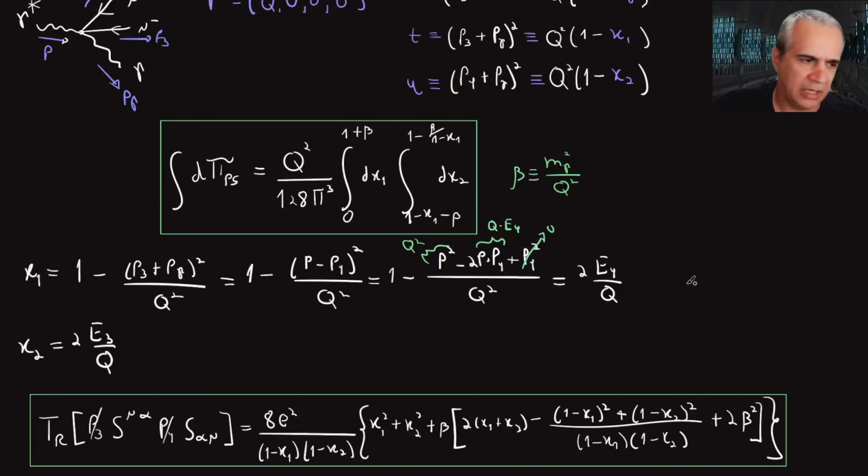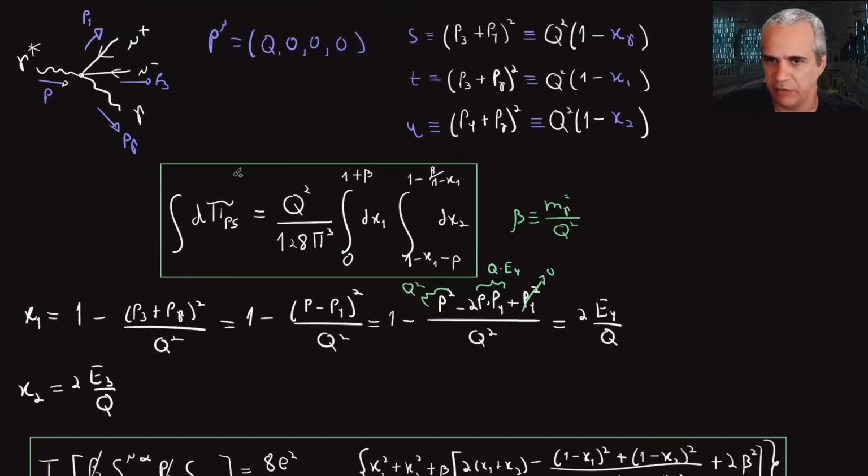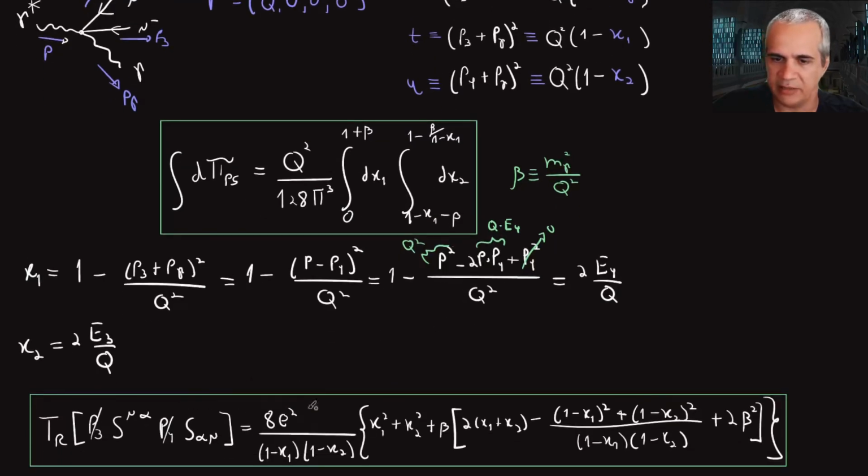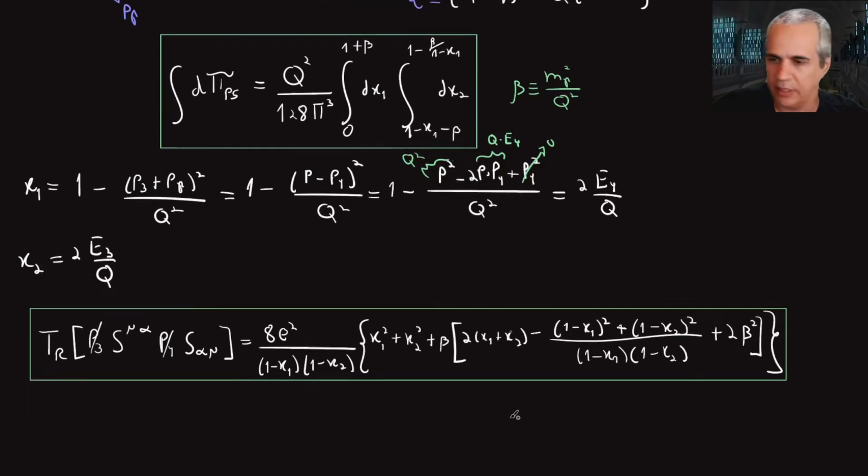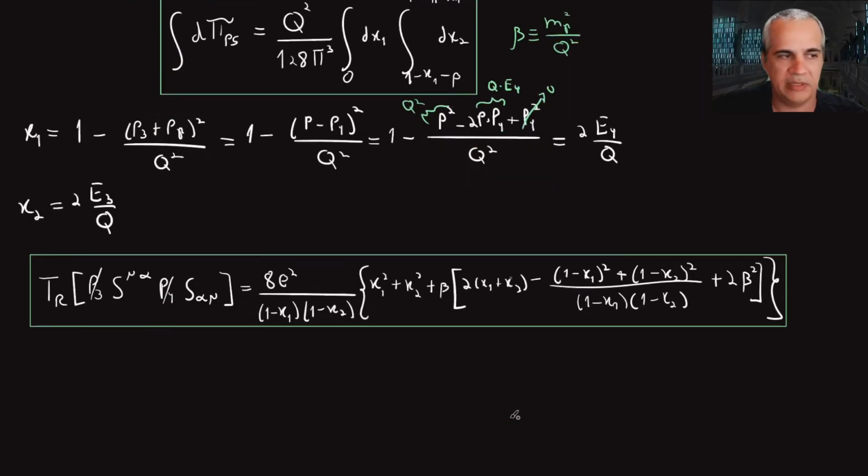So now we can go back to the integrals. I just have to write the phase space like that, the trace like that, right? And look what happens when I go near the infrared divergence. You can see here that the infrared divergence comes from when beta goes to 0, right? So the only part that matters is this one.